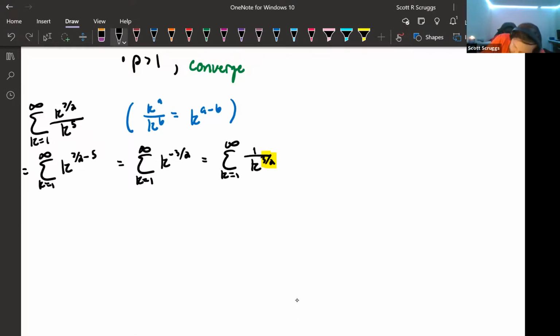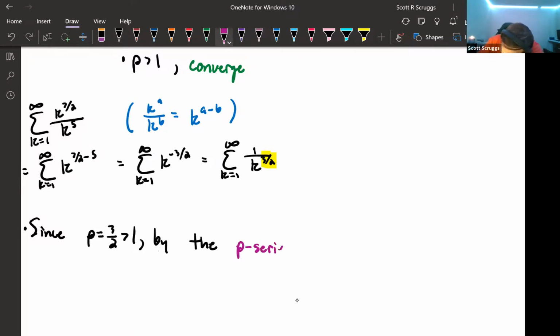So let's state that conclusion. Since my p is 3 over 2, and that's strictly greater than 1, by the P-series test, the series converges.